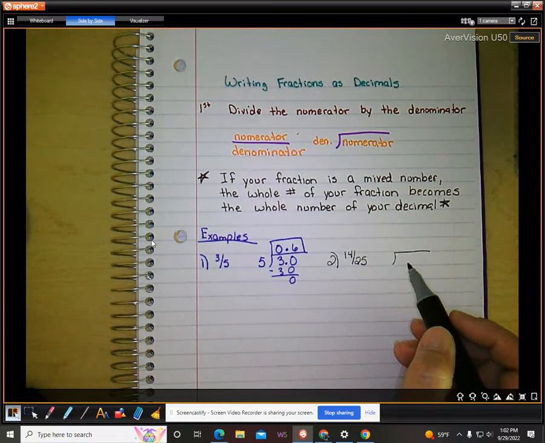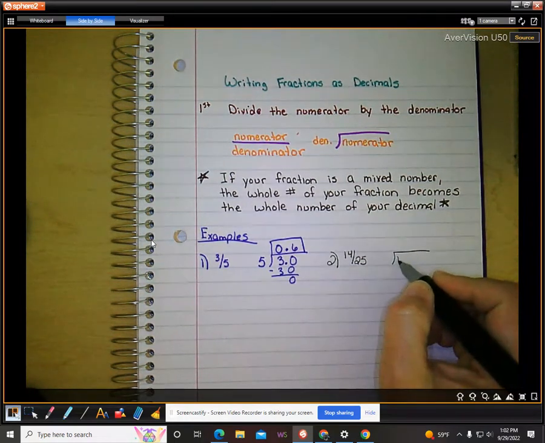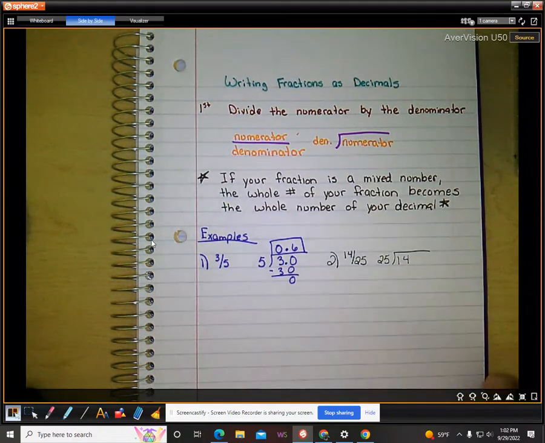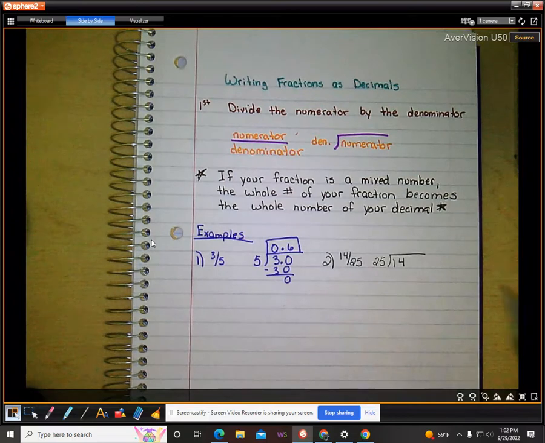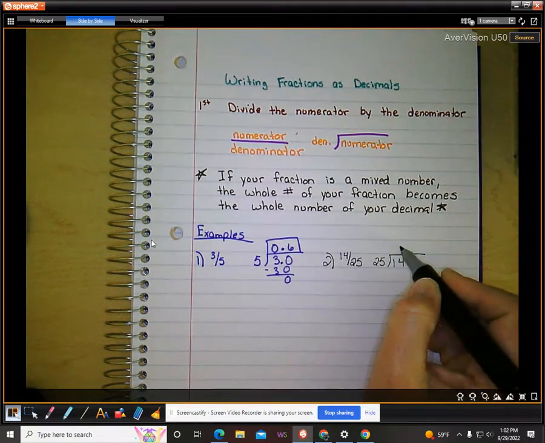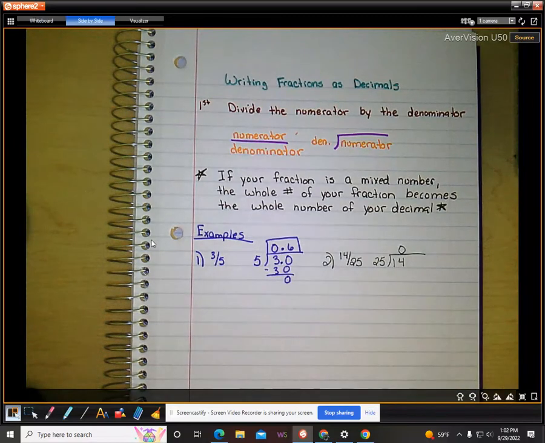Abrienne? The 14, absolutely. And then your 25 goes on the outside, okay? Again, this is a fraction, meaning less than 1. Therefore, your divisor is not going to go into your dividend. You have to have the 0.